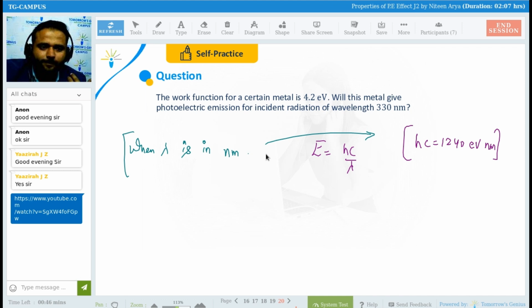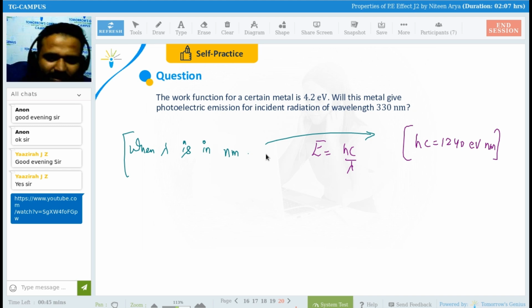Tell me the answer. It is 6 into 10 to the power 21?